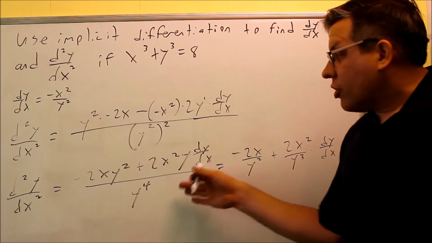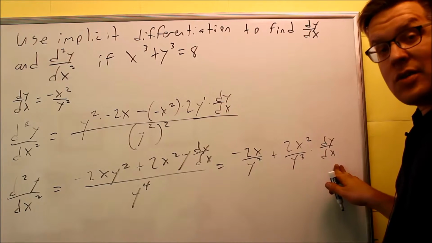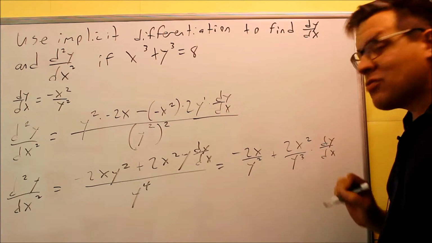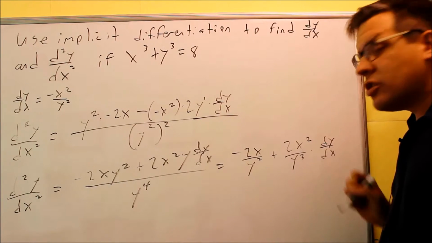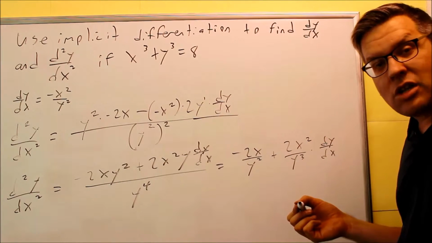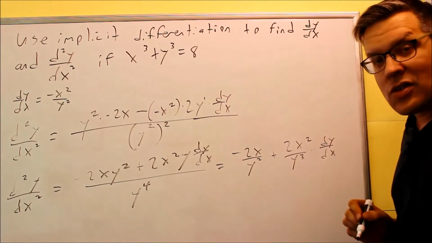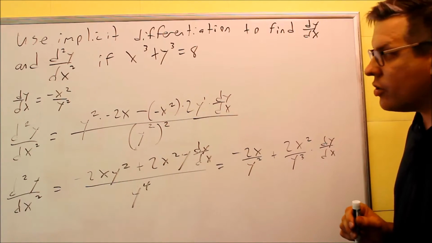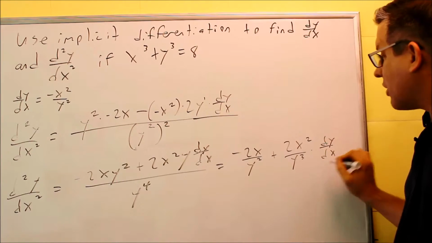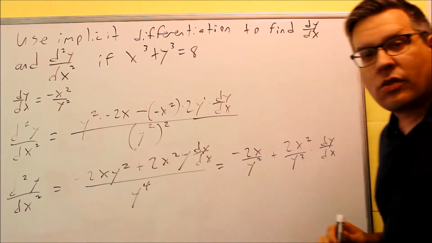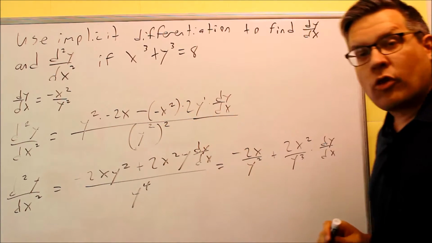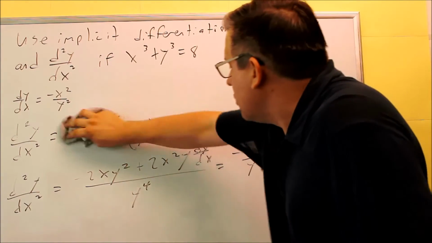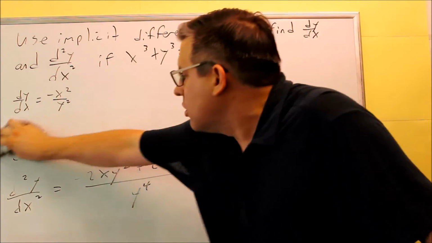Now, you could leave your answer as this, but what you can do is make a substitution. Instead of leaving your answer with dy/dx in it, it's better to have your answer in terms of x's and y's. So since we already know what dy/dx is, we're just going to take out the dy/dx and replace it with negative x squared over y squared. So I'm going to make some space here so I can show you that step.